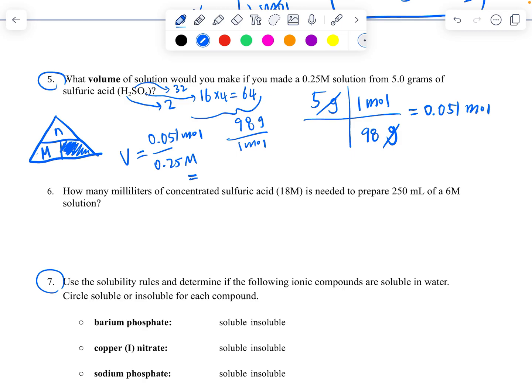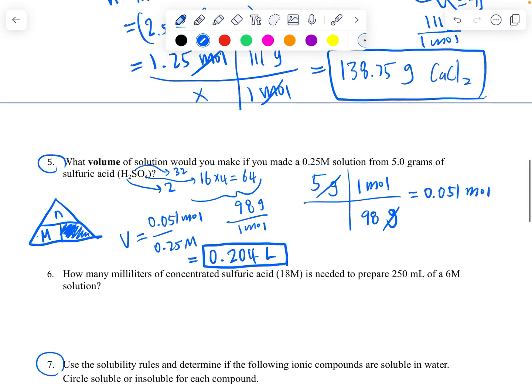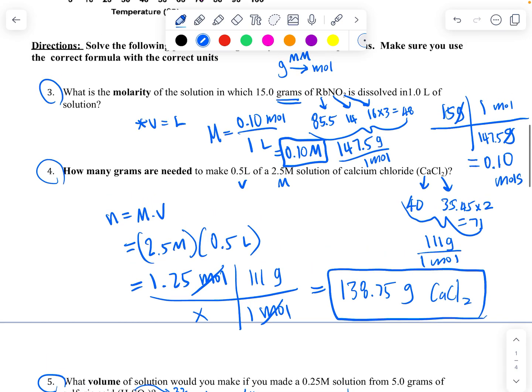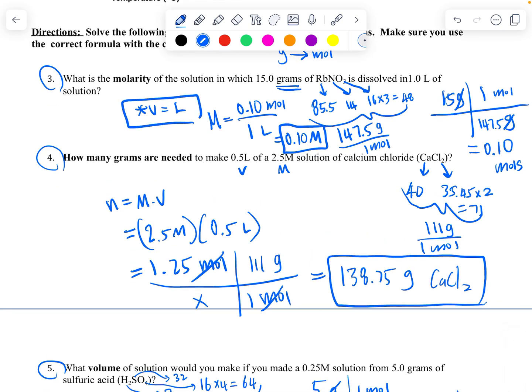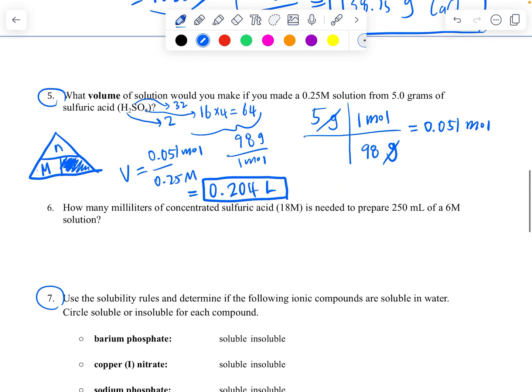And that is 0.204 liters. Always in liters, okay? With these pyramids, do I have it written down up here anywhere? Yes, I do. See? With these pyramids, the volume is always going to be in liters, okay? So keep that noted, please.